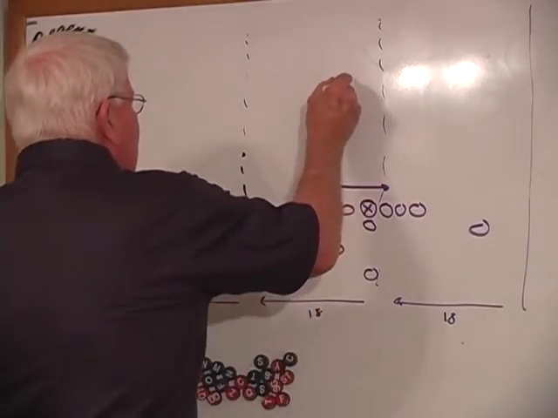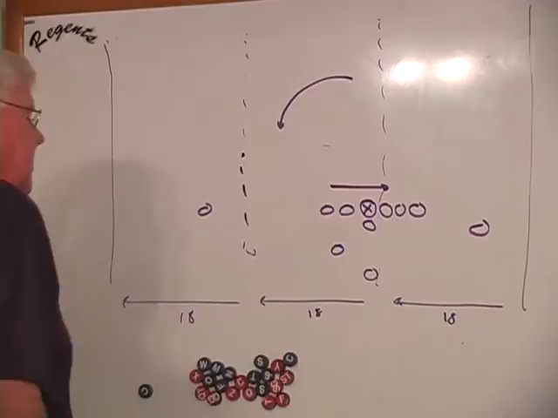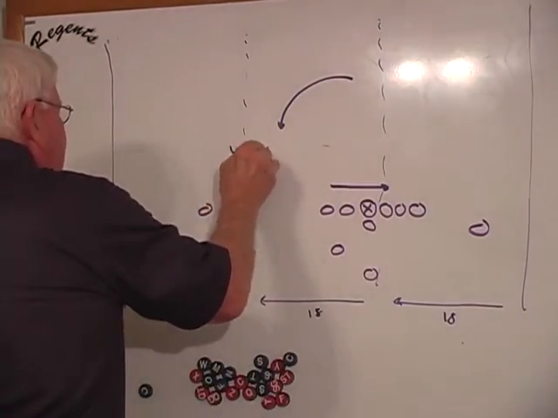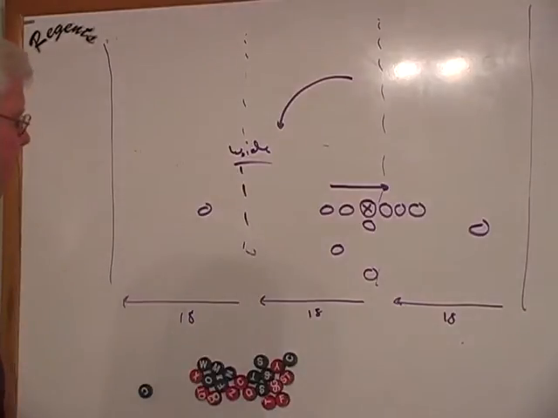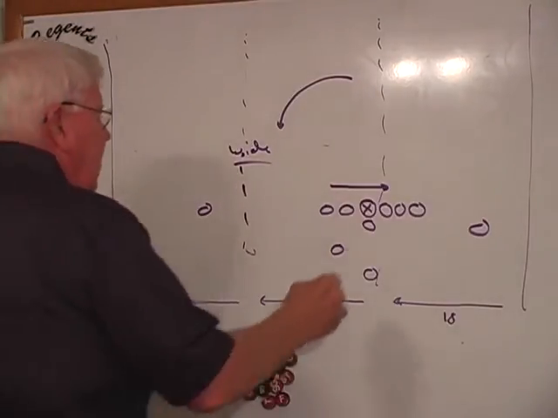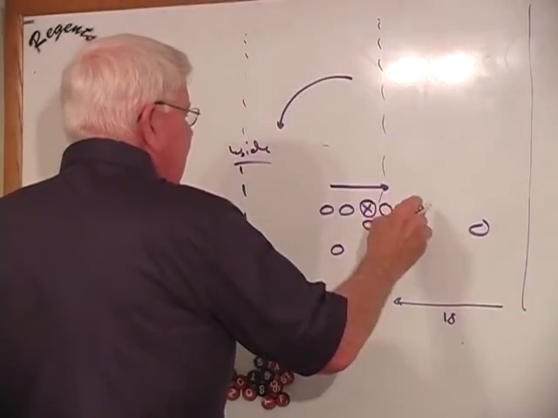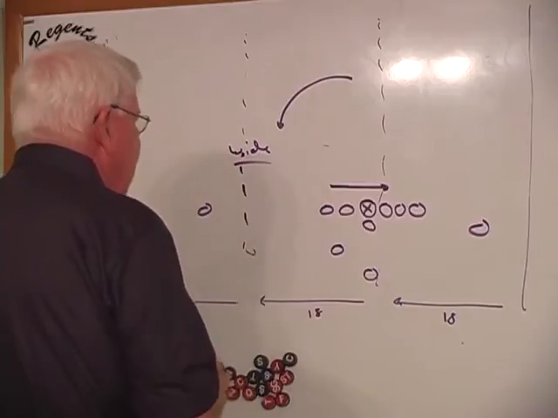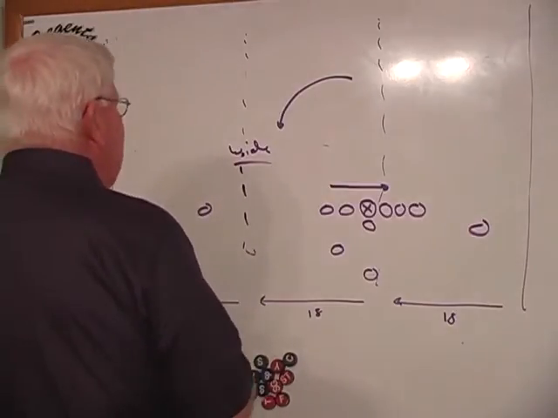And if they do, are they going to rotate the strength of the secondary to the wide side of the field? Because they got the wide side out here. So what are they going to do? Are they going to make the strength of your formation the determiner, or the strength of the field?